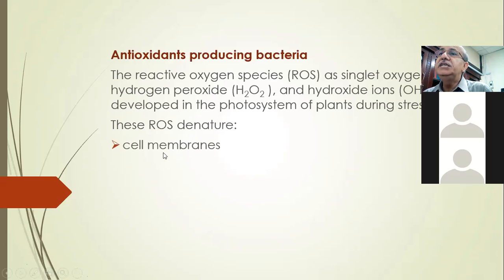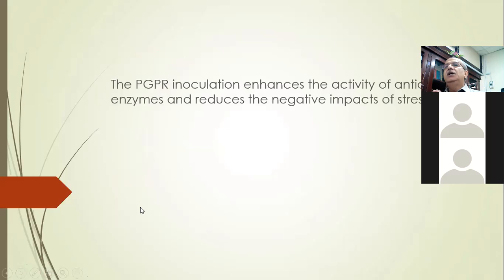These denature the cell membrane, proteins, and DNA. So if there is more production of reactive oxygen species, then there will be more denaturation of cell membranes, proteins, and DNA. Some of the bacteria, the PGPR inoculation, enhance the activity of antioxidant enzymes and reduce the negative impacts of stress.